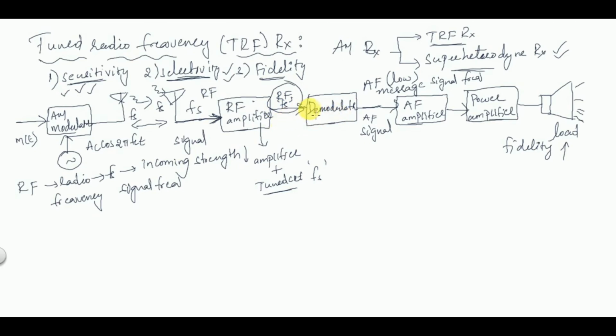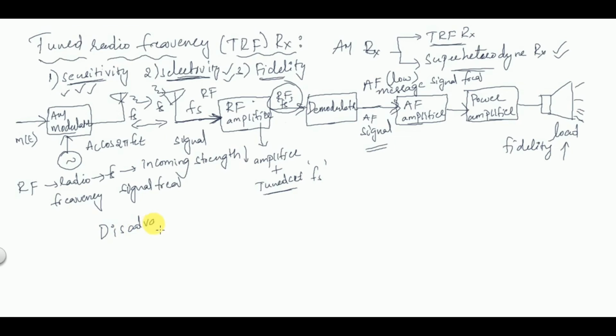The restored signal is given to the demodulator, where the demodulator converts the high frequency signal into a low frequency signal, that is, the RF signal is converted into an AF signal. Because it is a newly formed signal, it is passed through the AF amplifier and power amplifier to restore the amplitude and power of the AF signal, and it is given to any load. Okay, so this is the operation.